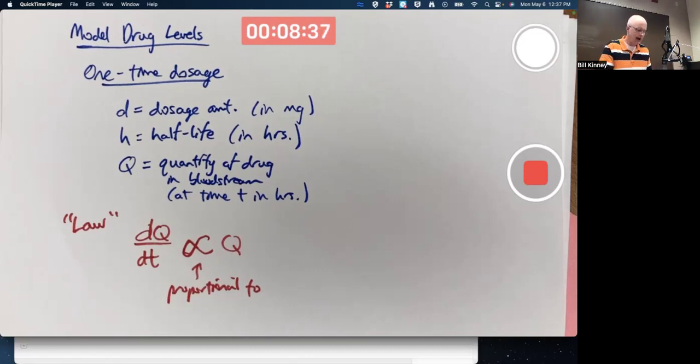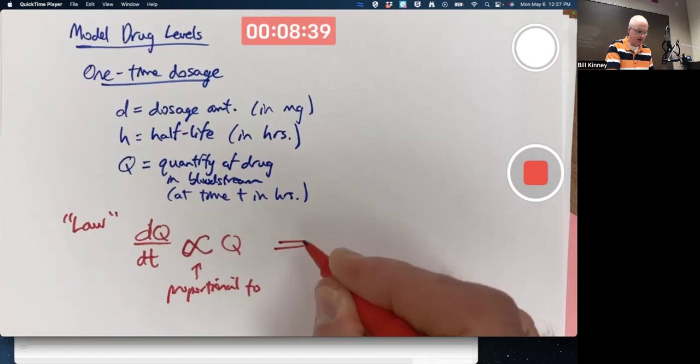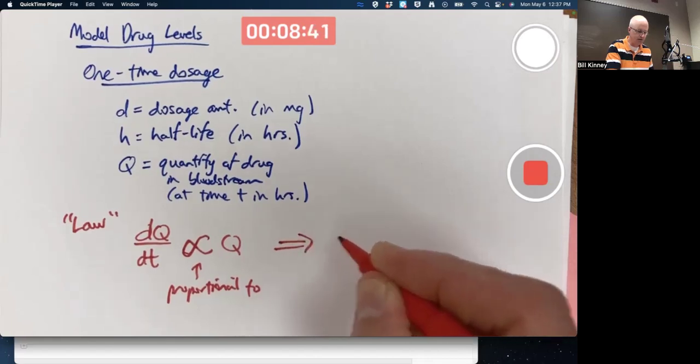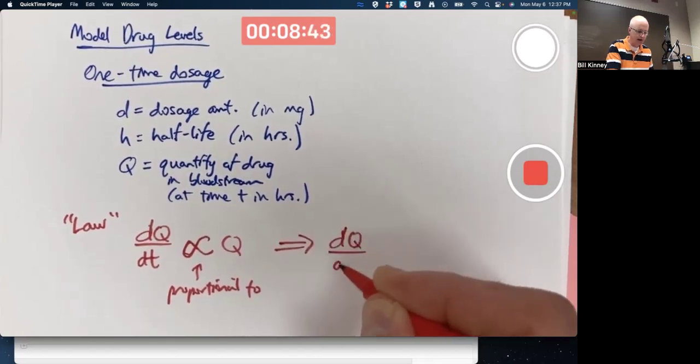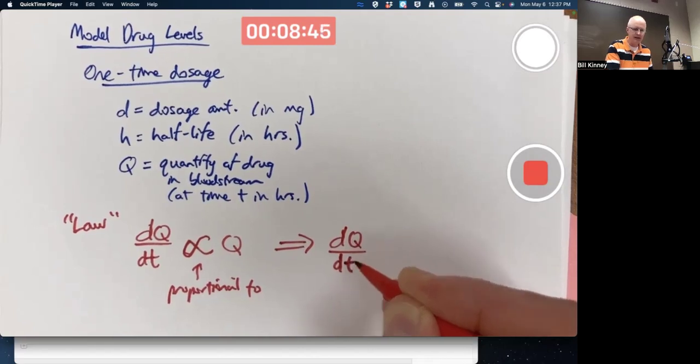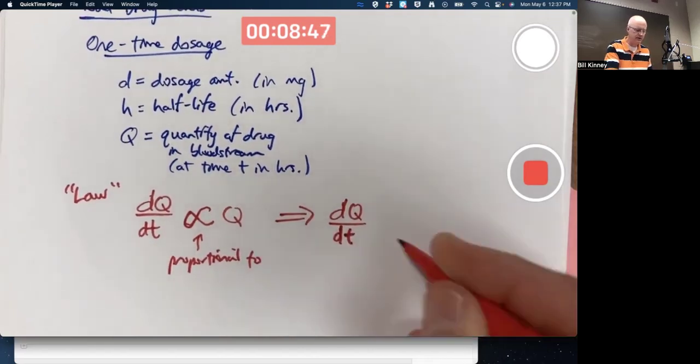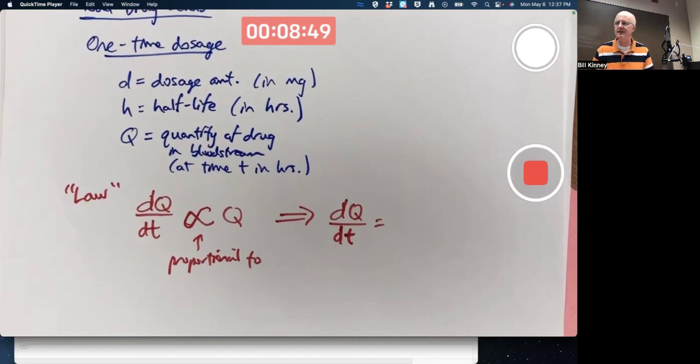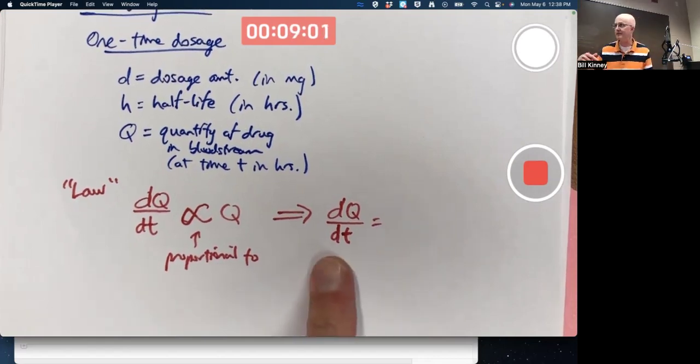That's our law. And we can convert this law to a differential equation as long as we have a constant of proportionality. So this being proportional to means really there's a constant of proportionality. So dQ/dt is that constant times Q itself. Because it's decay, dQ/dt has got to be negative. The slope of your Q function as a function of time is going to be negative.